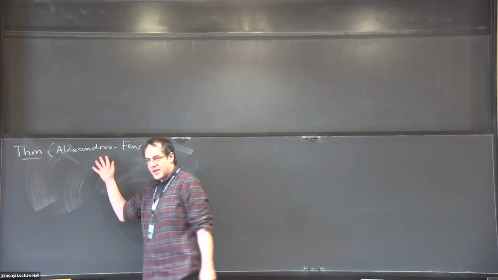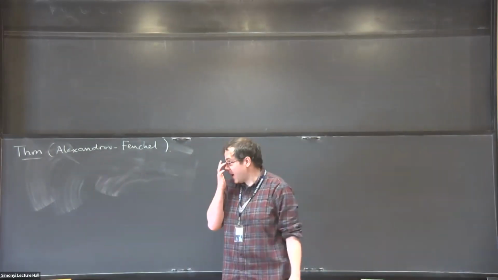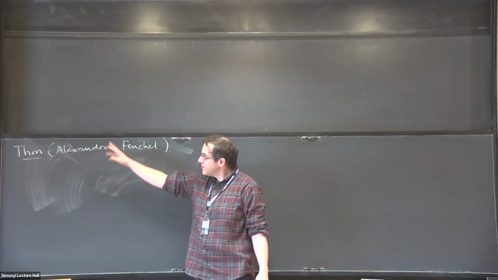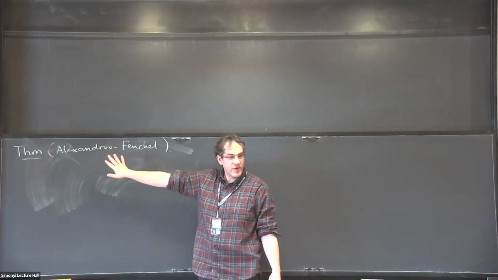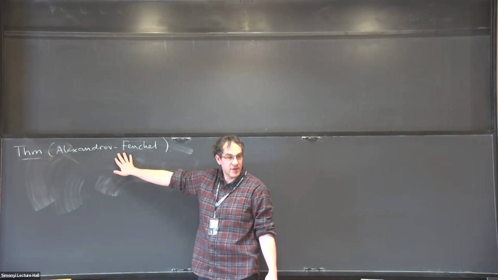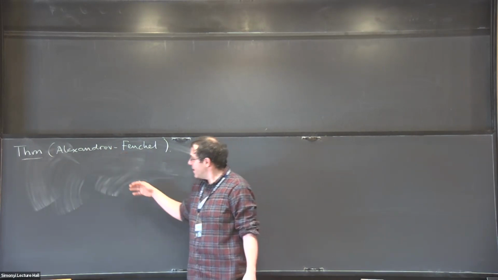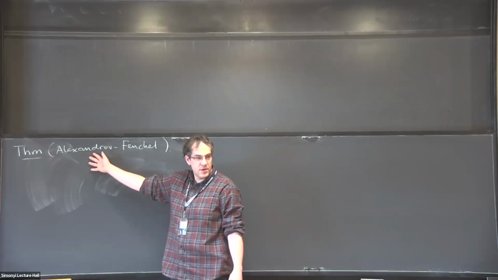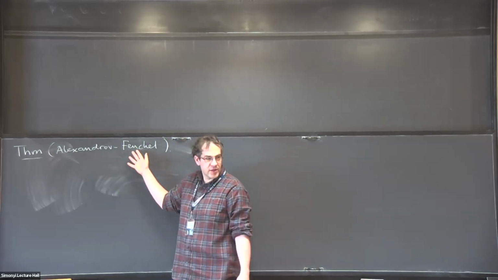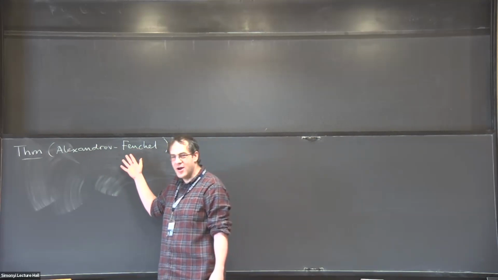This inequality has a kind of complicated history. So it actually appears in Minkowski's paper in 1903 in dimension 3. So the three-dimensional case of this inequality is due to Minkowski. And Alexandrov proved it in dimension n in 1937. What Fenchel did is not quite clear.